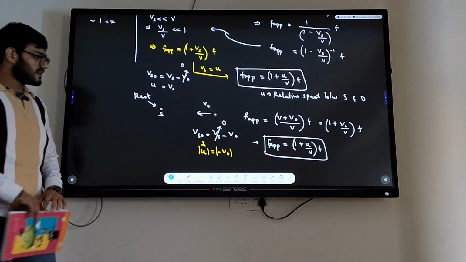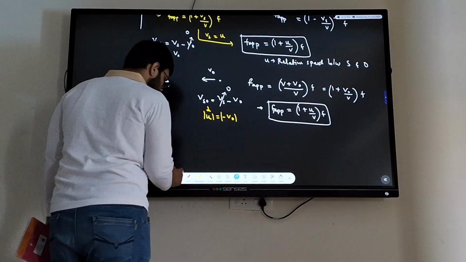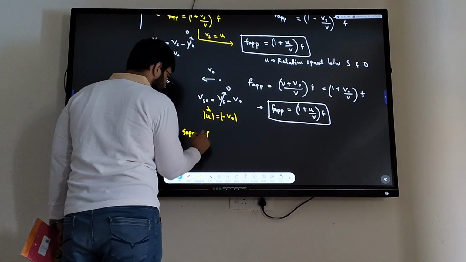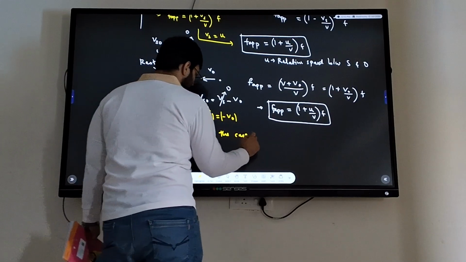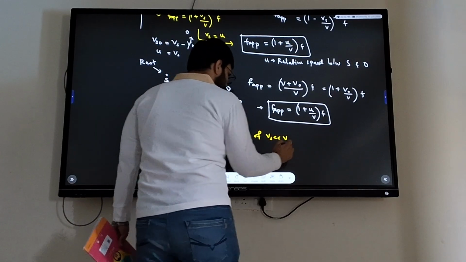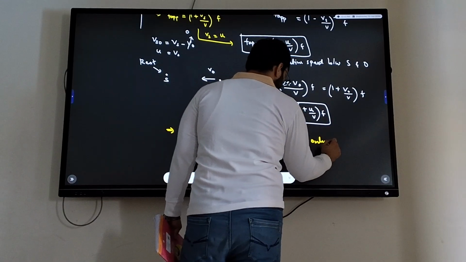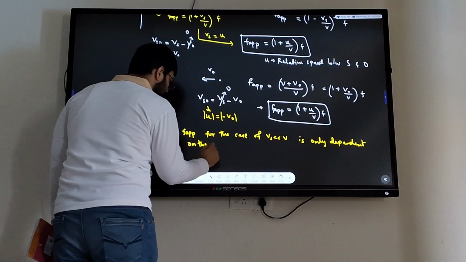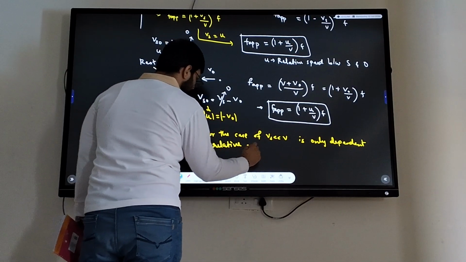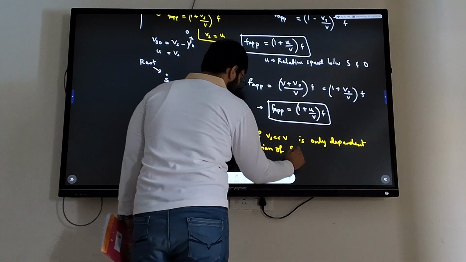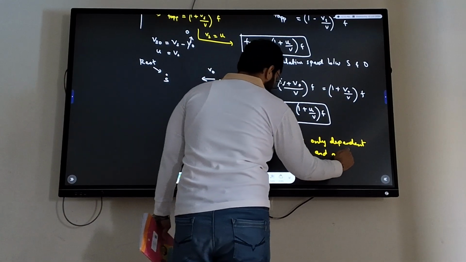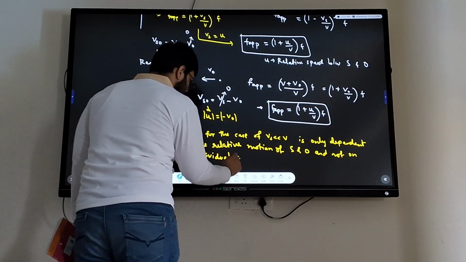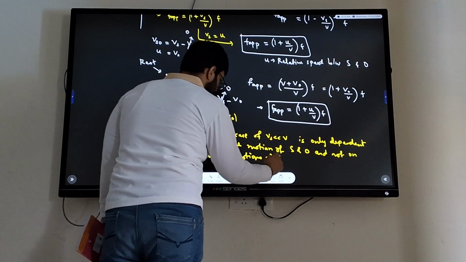So we find this result that F apparent, for the case of Vs much less than V, is only dependent on the relative motion of source and observer and not on the individual absolute motions of source and observer.